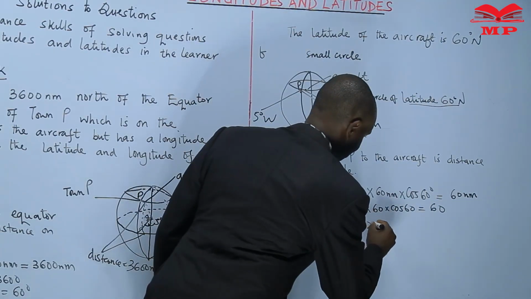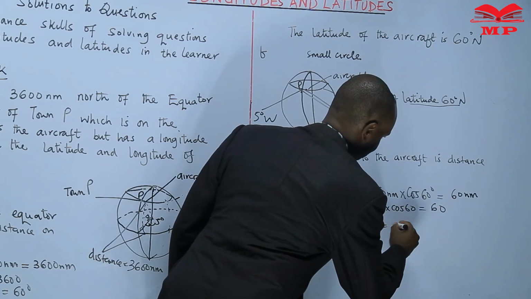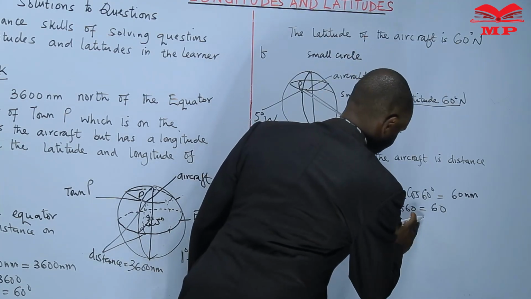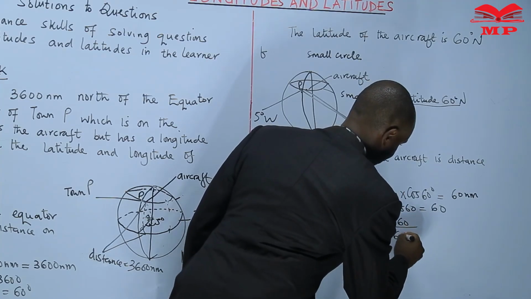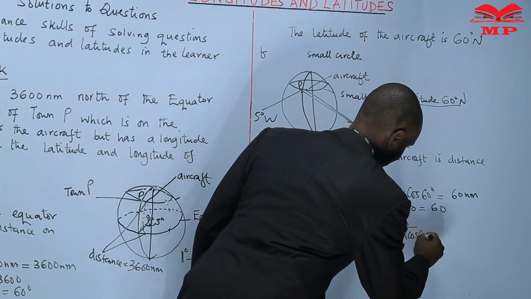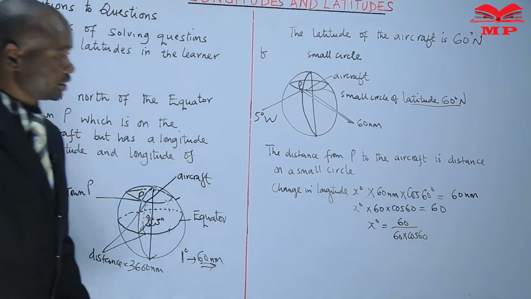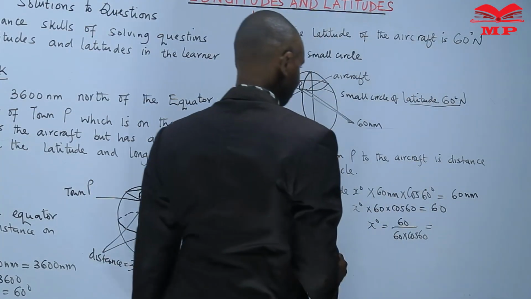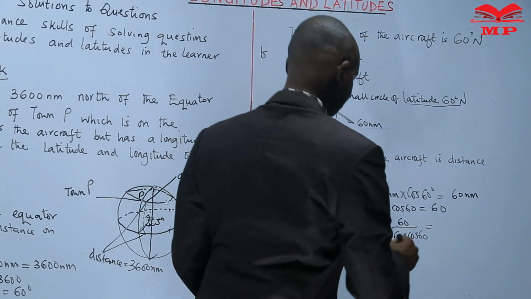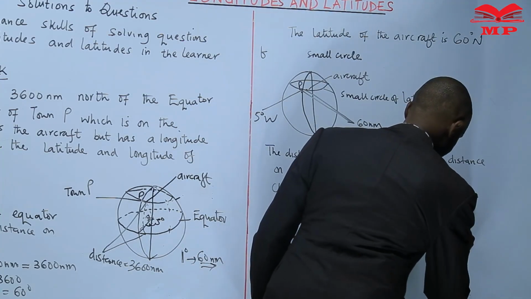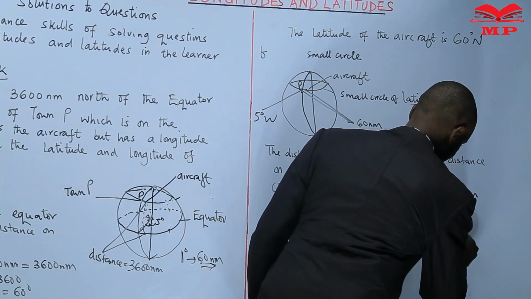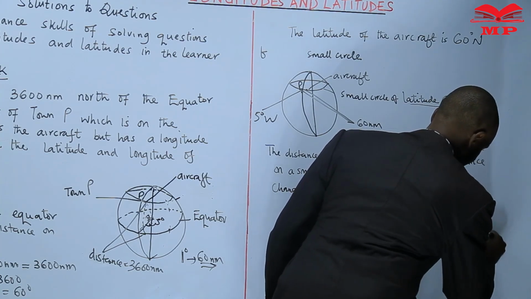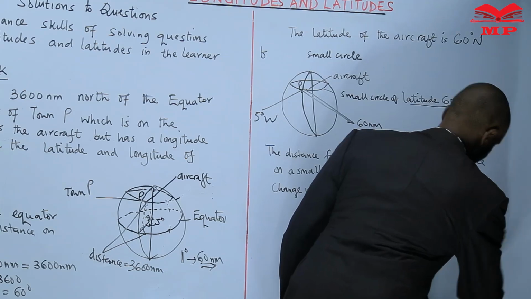So x is equal to 60 times 60 divided by 60 times cosine 60. Cosine 60 is 0.5, so it is 60 over 60 times a half, which is 60 over 30, which is 2 degrees.